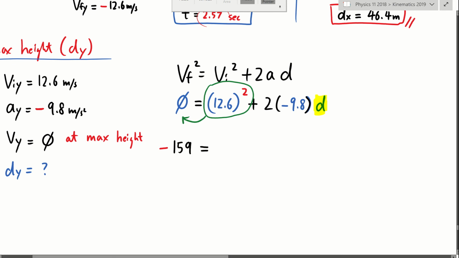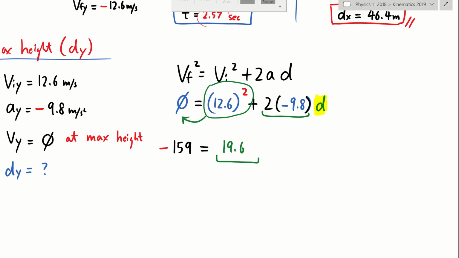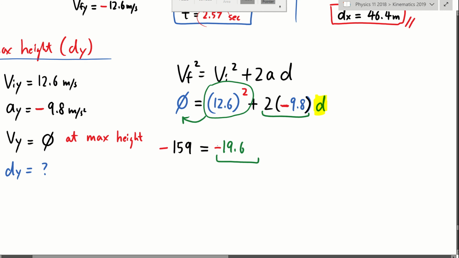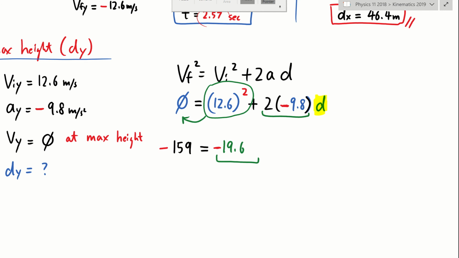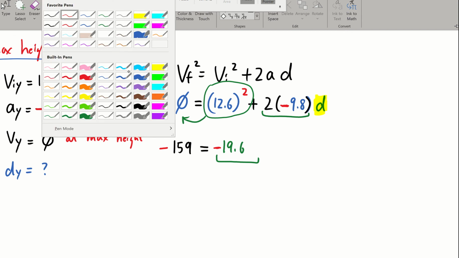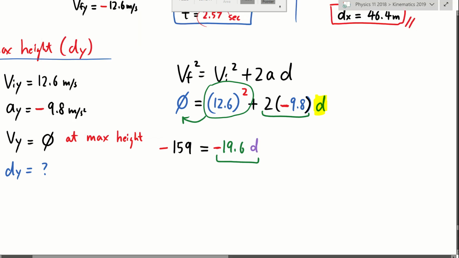Okay, now let's combine these two terms so that you can write it right here. 2 and 9.8 is 19.6. And yes, there is a negative in front. This negative right here is still here. And now the displacement, which is right there. Okay, so you got all of those.